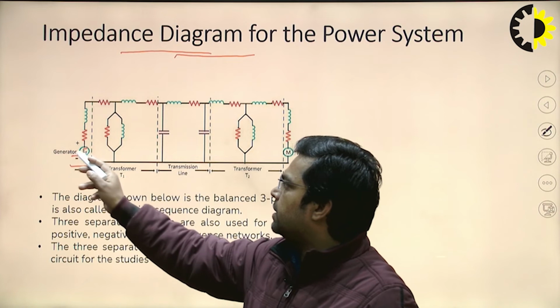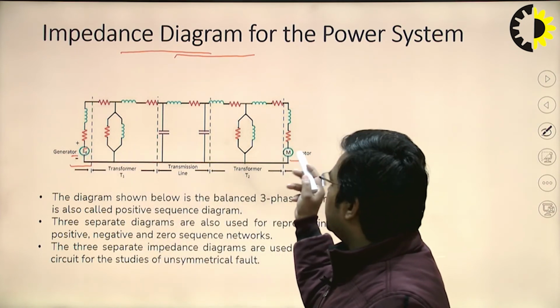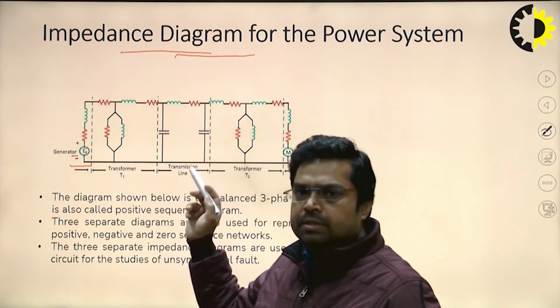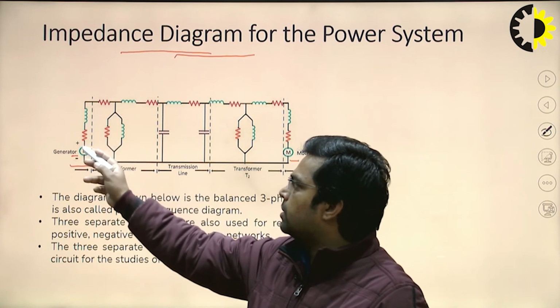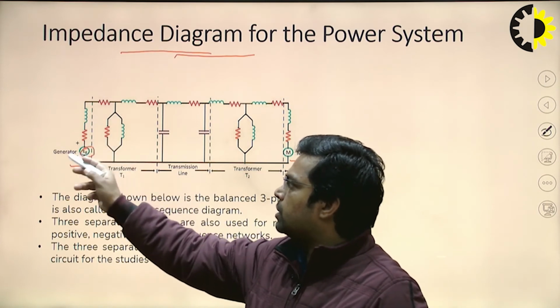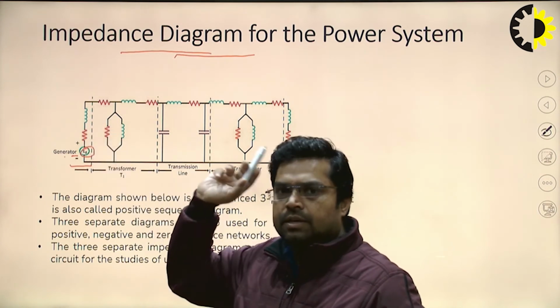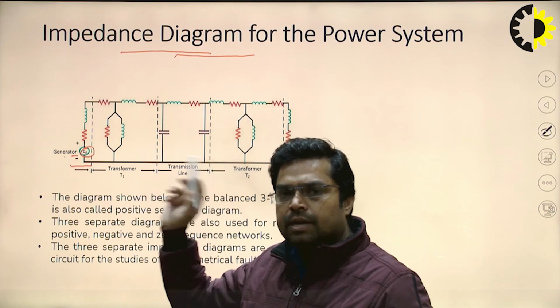For the motor, we represent it by EM. So any rotating machine in an impedance diagram is represented by a voltage source in series with the resistance and the reactance. Simple. This is the representation of any rotating machine.